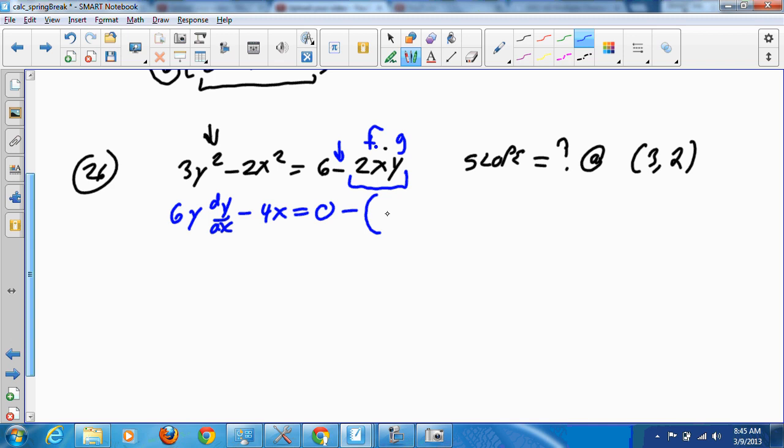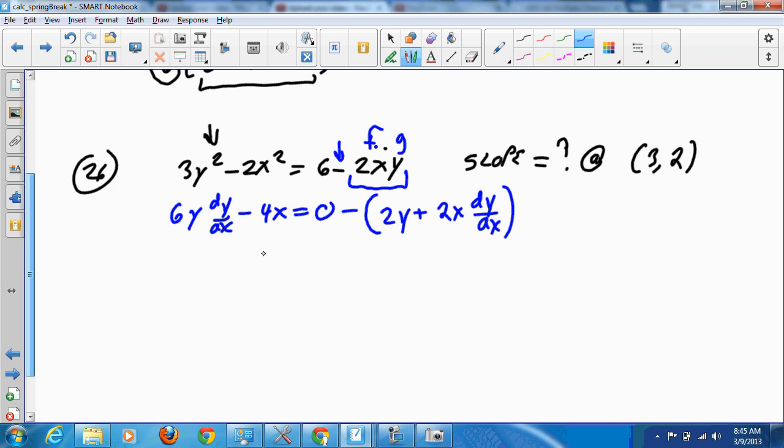So f prime g would be the derivative of 2x, which is 2y. We don't put dy dx because we took the derivative of x, plus the derivative of, don't touch 2x, and we did take the derivative of y, which is 1 dy dx.